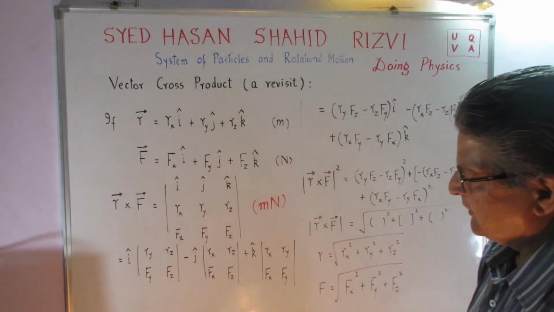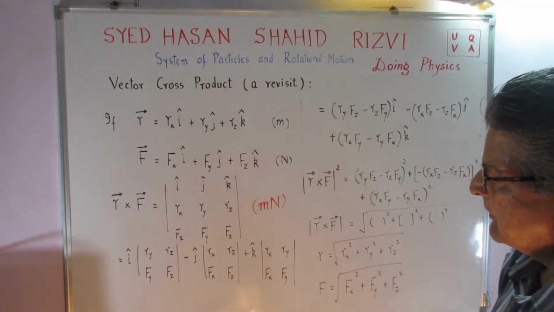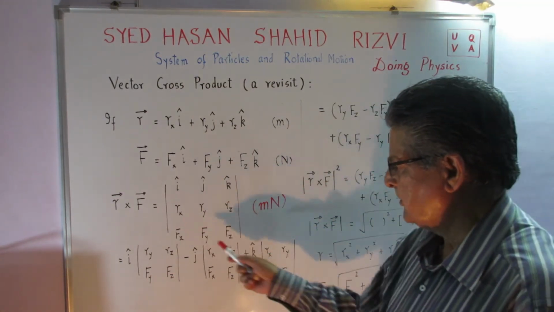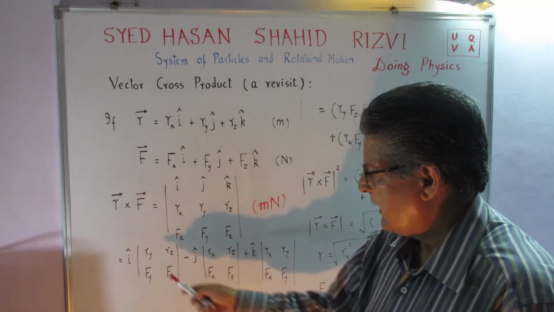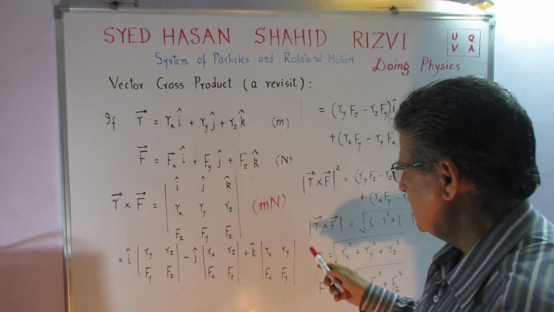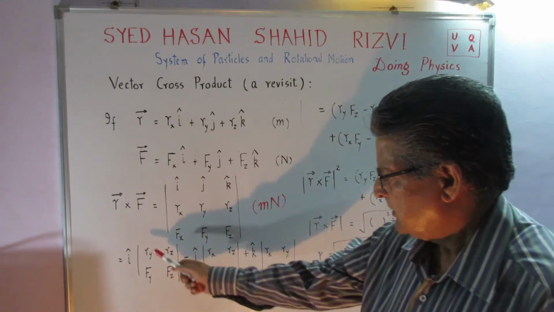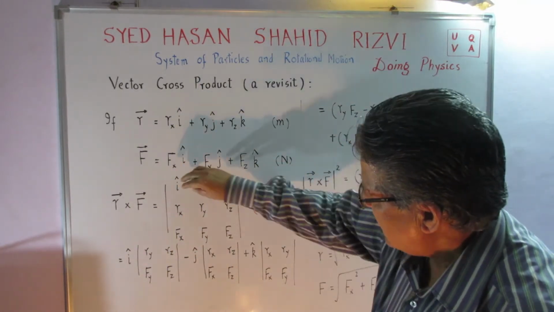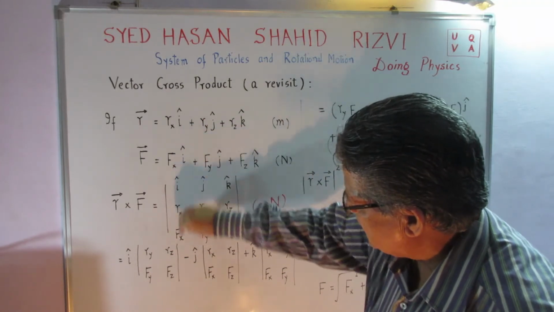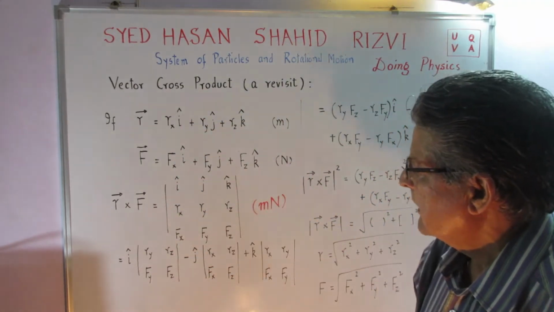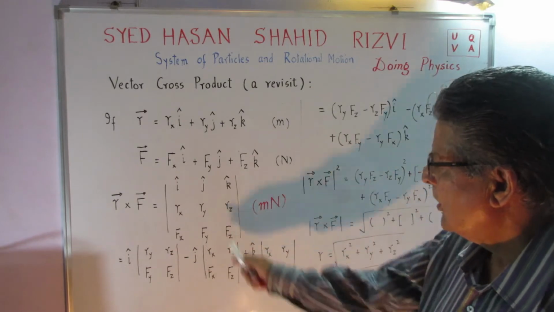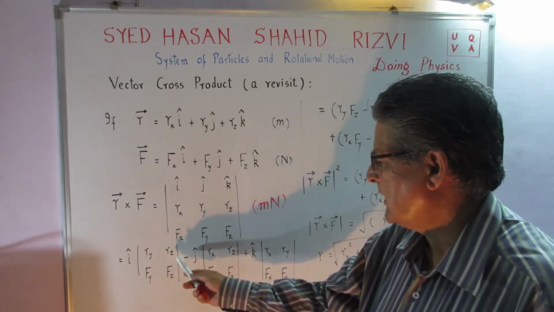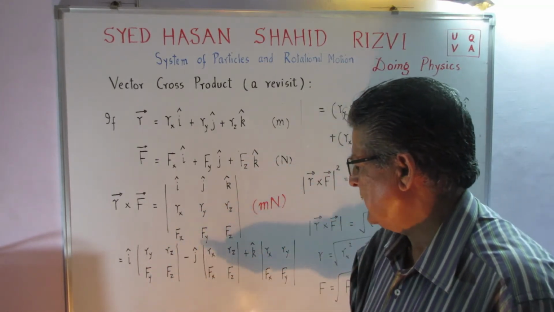Now when I split it, I can write this 3 by 3 determinant into components. In the first one, I forget about the I, the first column. Only the second and third columns remain, with Ry, Rz, Fy, Fz.